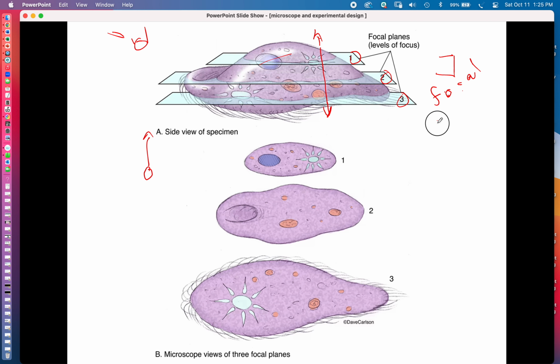So in the focal plane, those molecules are in focus. But think about this. The other parts of the cell are still present and visible, but they're out of focus. For example, when we're focused on this first top part, these other layers are still there.